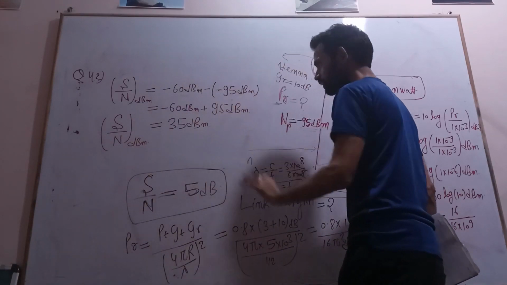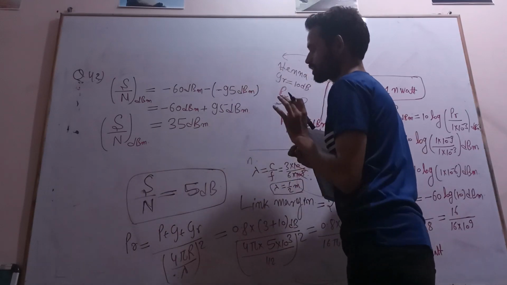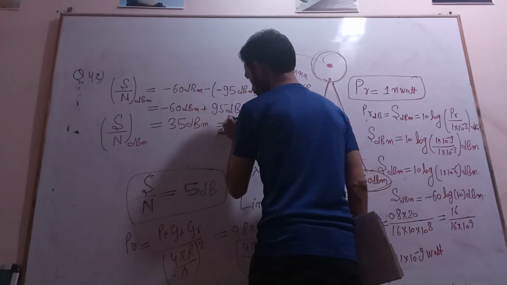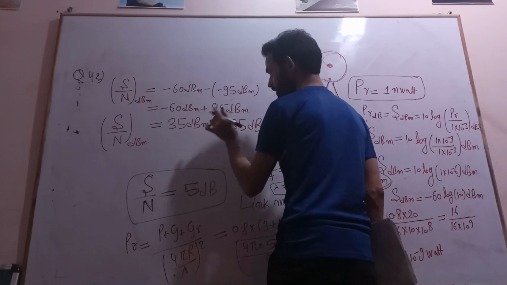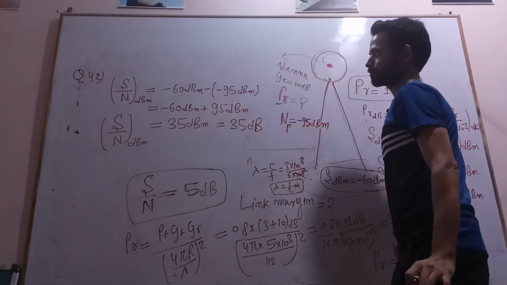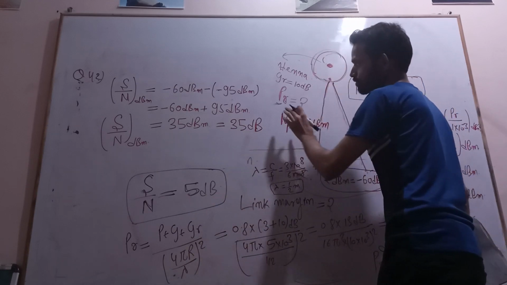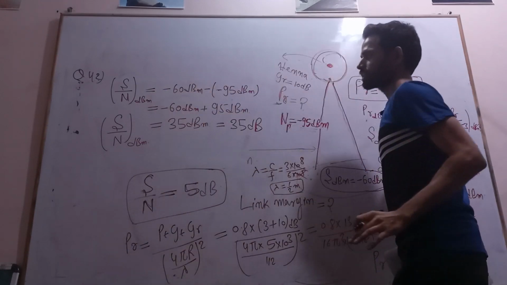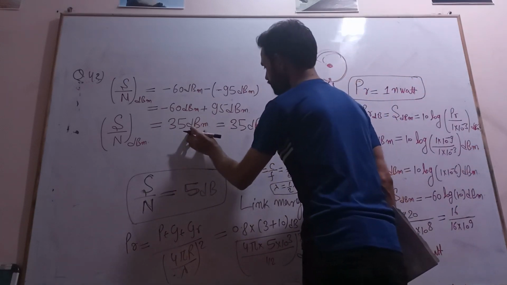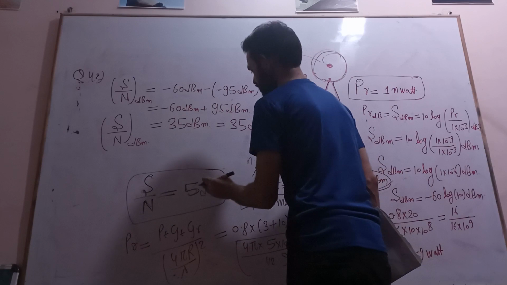Now see, what is given is 5 dB. So actually it is dBm, but the answer and signal power are given in dB. So let us take this as 35 dB. Because the noise power is given in dBm, if we convert this whole expression in dBm, the answer we will get is different. But all the options are given in dB, and signal to noise ratio is also in dB.